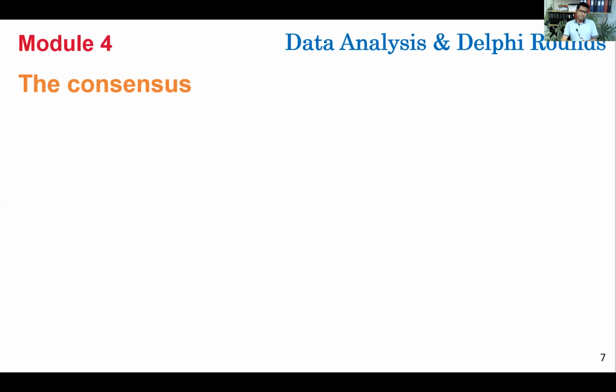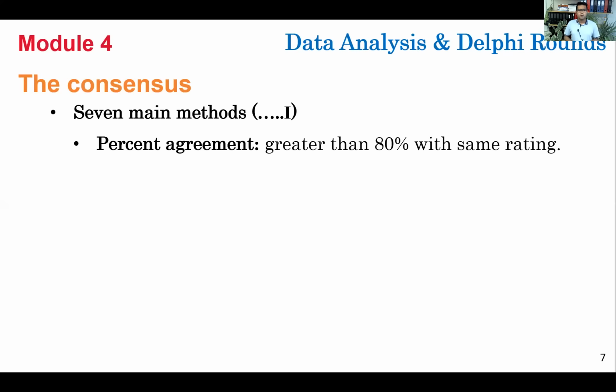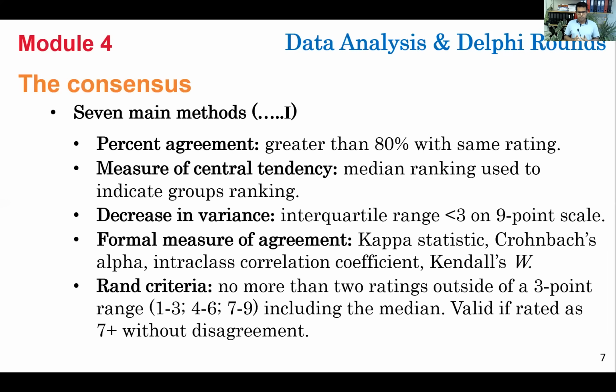In the next slide, I will be exemplifying the 7 main methods used to achieve consensus. Percent agreement typically requires more than 80% agreement between panel members to accept or deny an inquiring factor, whereas median ranking requires indicators above a predefined threshold and a high level of agreement among panel members.